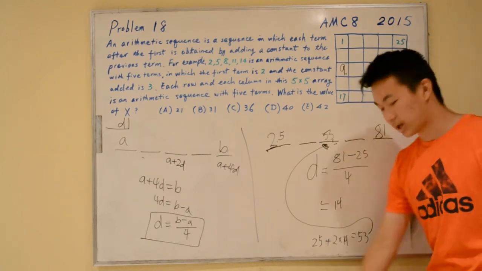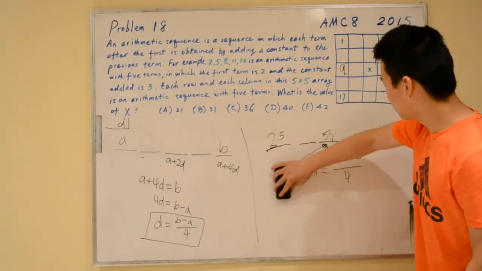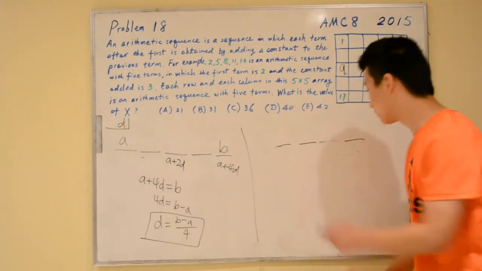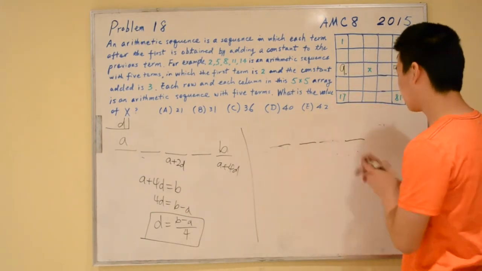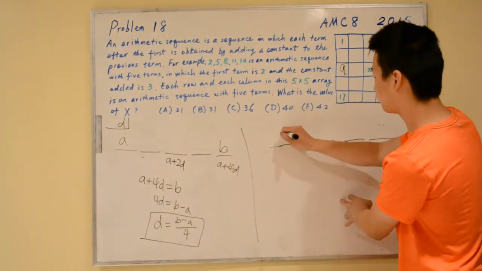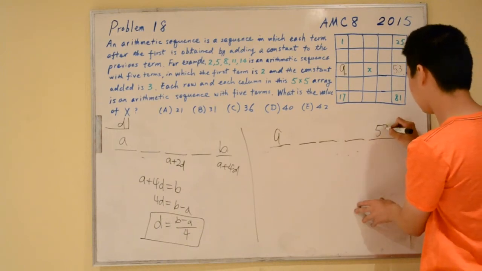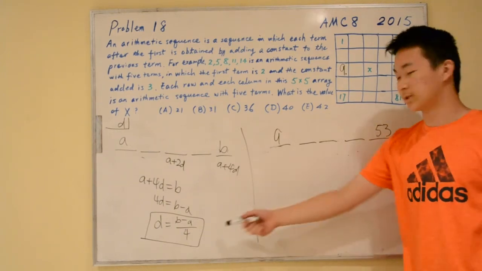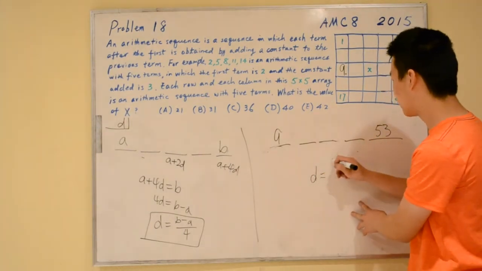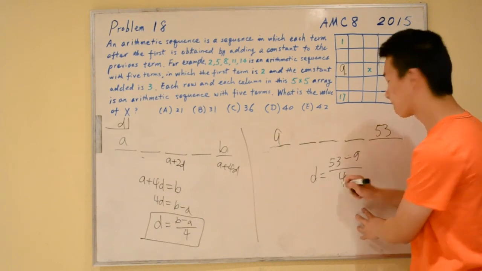So now we have one more arithmetic sequence to go through. The first term is 9. The last term is 53. So once again, using our formula, d equals 53 minus 9 over 4.